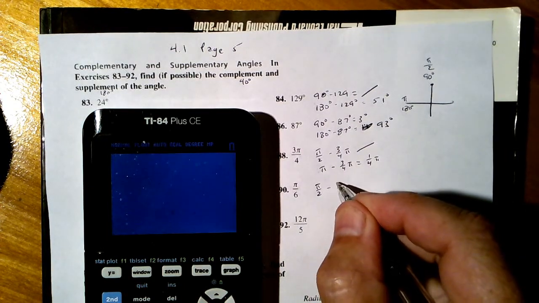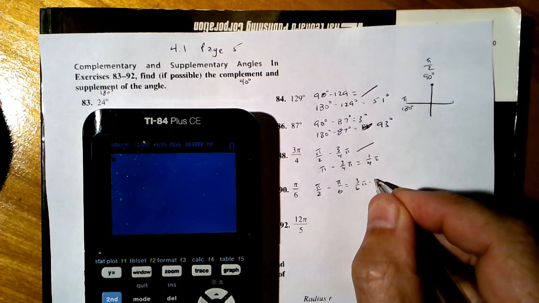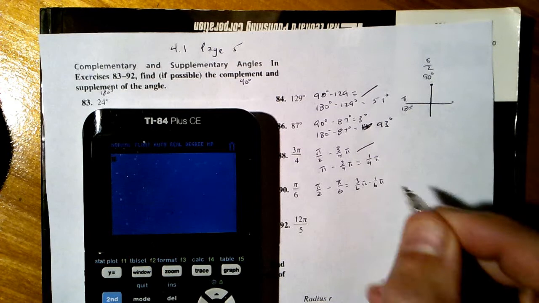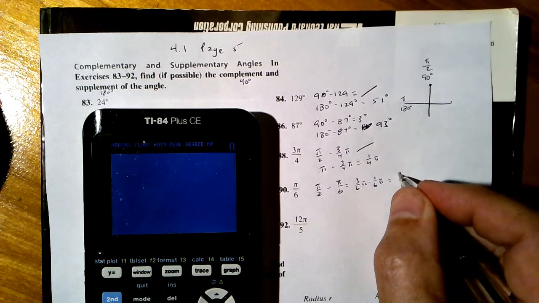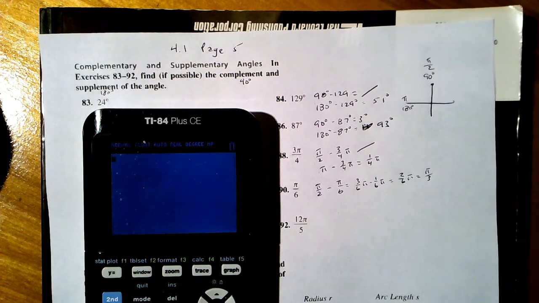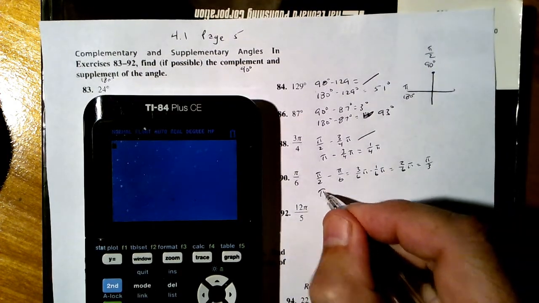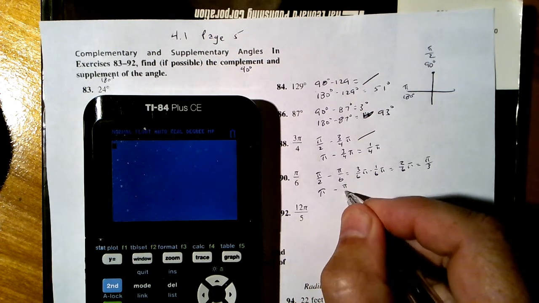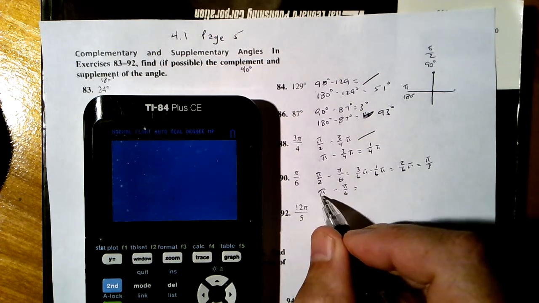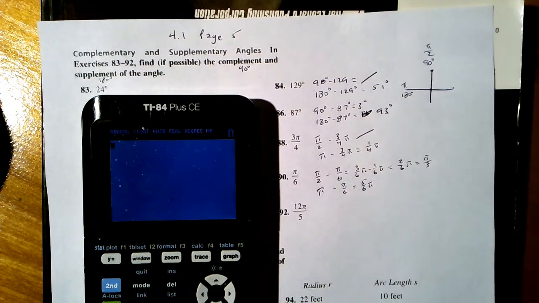Pi on 2 minus pi on 6, that's 3/6 pi minus 1/6 pi. That is 2/6 pi, or pi on 3. For the supplement, pi minus pi on 6, that's 6/6 minus 1/6, 5/6 pi.